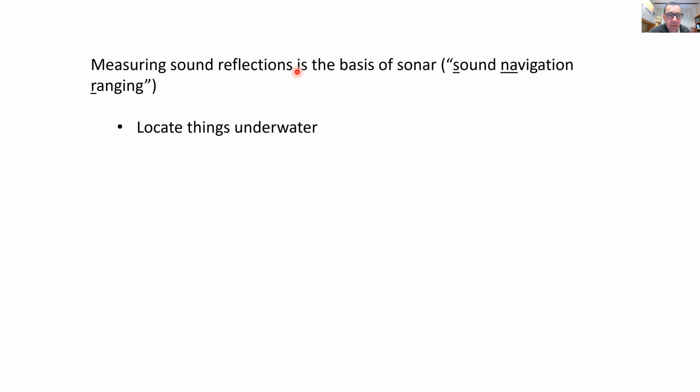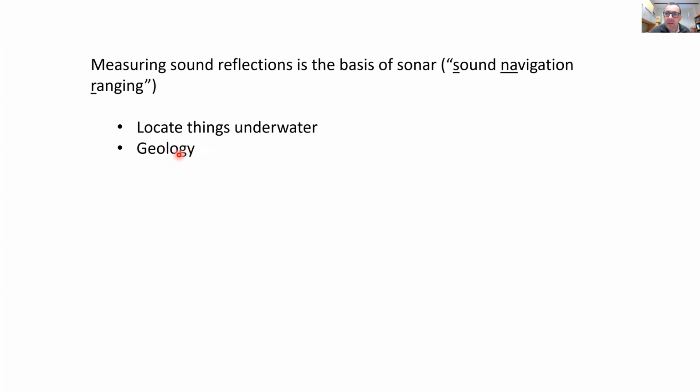If you have a boat, you might be able to use this to locate the bottom of the lake so that you know how deep it is. But the same technology is used in geology to understand the structure of the geologic strata beneath us, and also if you're looking for oil, for example.